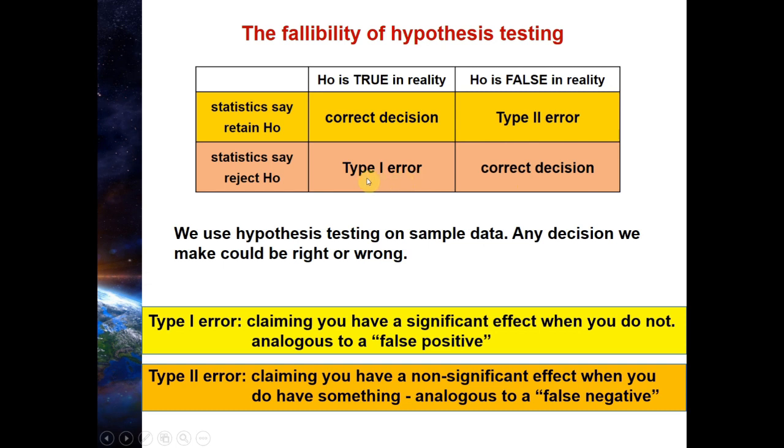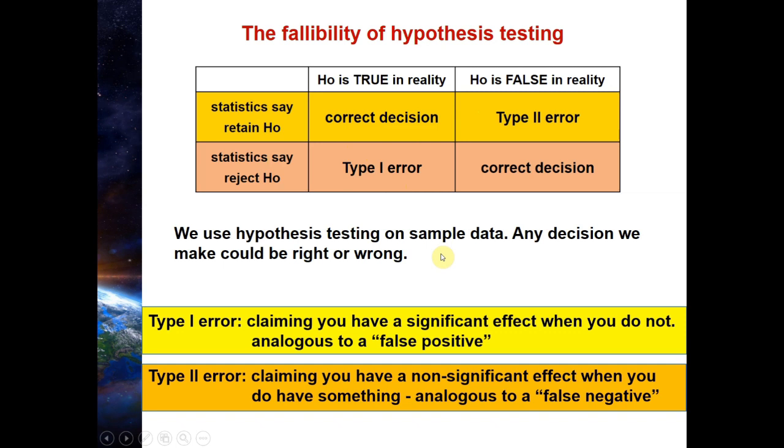All right, so if we have rejected H0, there's no way we can be up here, because in order to be up here, you have to retain H0. Similarly, if we retain H0, we can't be down here, because to be down here, you have to reject H0. All right, so do you see how that works? Once you've done what your stats tell you to do, you're in either one of 2 boxes.